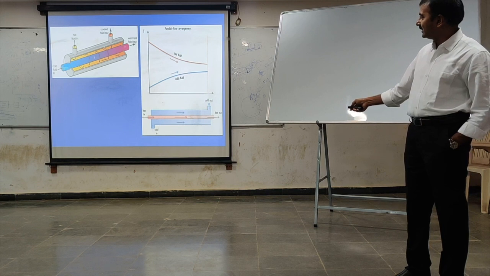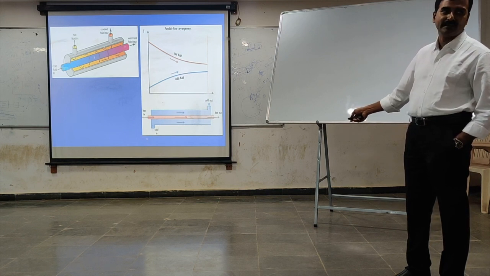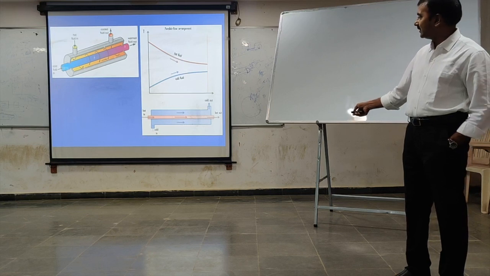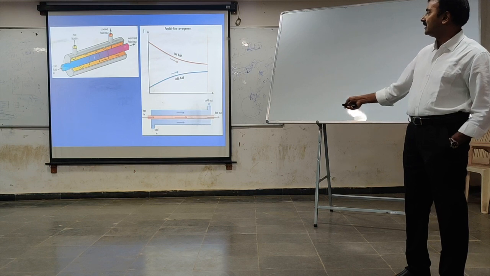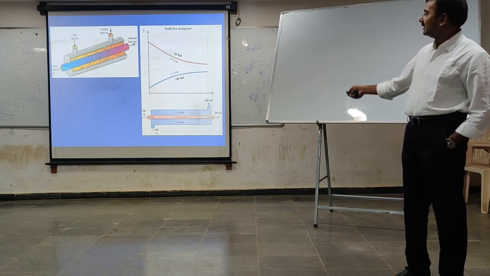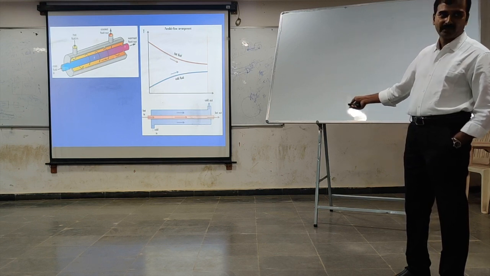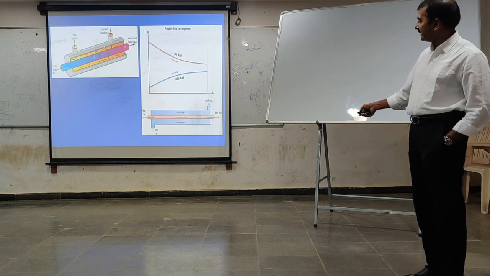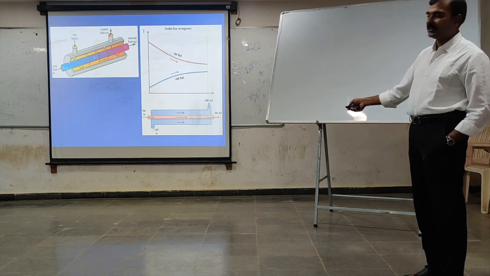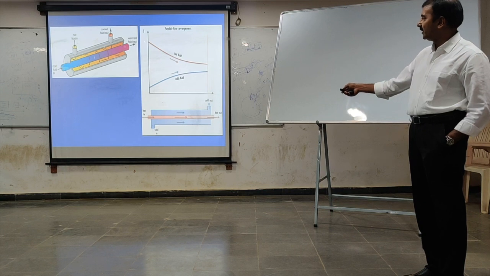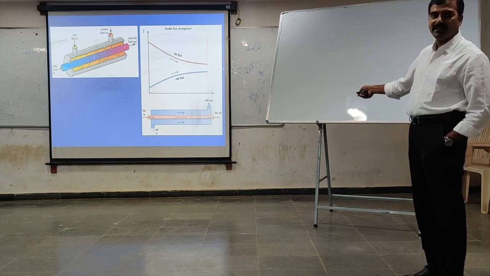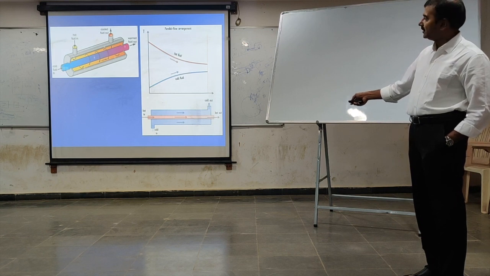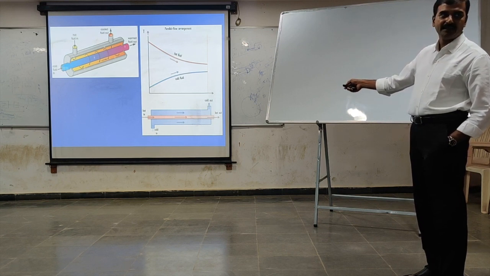Now, the distance from this point to this point is nothing but the length of the heat exchanger. You just project it up. That's how you get these two lines. So this is x equal to 0, and this is x equal to L. Now, as the hot fluid moves from this point to this point, it loses its temperature, so its temperature drops gradually. The y-axis represents temperature, from 0 to T on the scale.